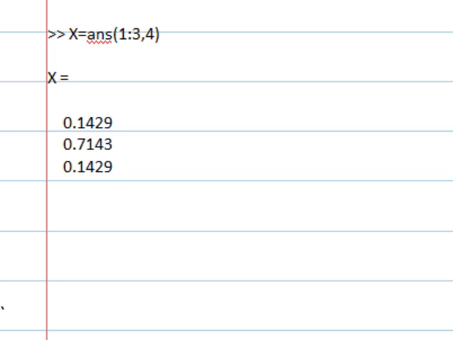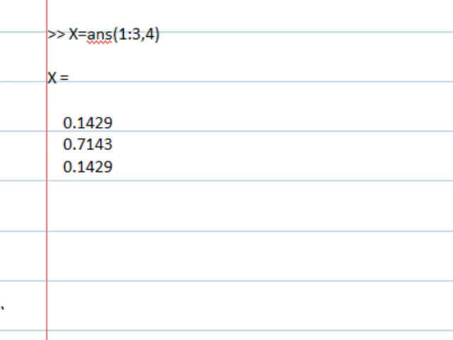To check that this is a stable distribution, I first extract the last column of my matrix and call it x. I take ans of rows 1 through 3 and column 4, and there I have what I'm hoping is my stable distribution.